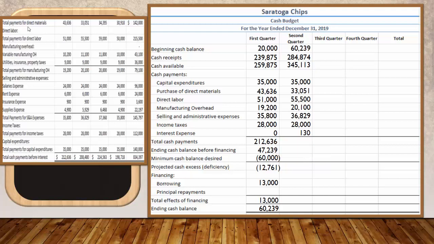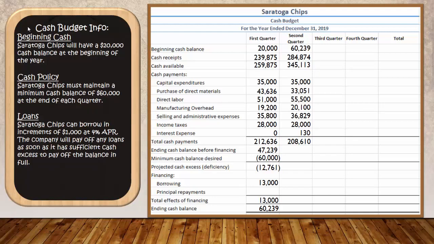So now to figure out our total cash payments, we add up those 7 numbers in the cash payment section under the second quarter, and we come up with $208,610. We determine our ending cash balance before financing by taking our cash available of $345,113 and subtracting out our total cash payments of $208,610, and we come up with $136,503.